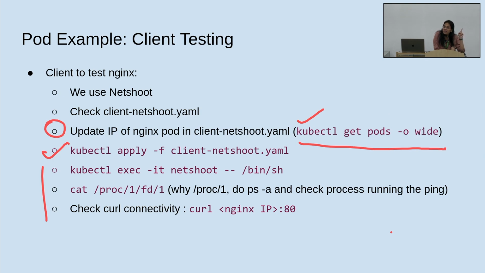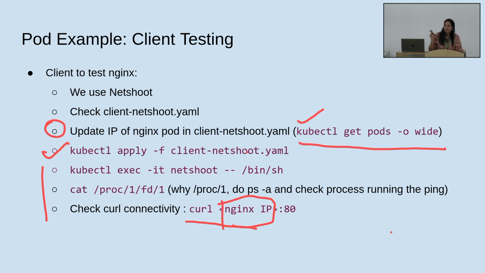Remember when we created the Nginx pod, we exposed container port 80, right? So when you hit that port of that Nginx pod, you should be able to get some basic output back. That's the first "it's working" message that comes when the Nginx pod is up. So what you do is, inside the pod, just do a curl, and this Nginx IP is the same IP that you just put in the client netshoot command, right?